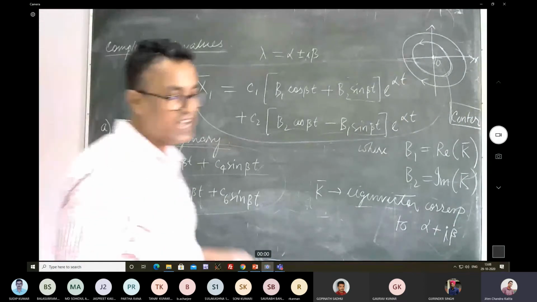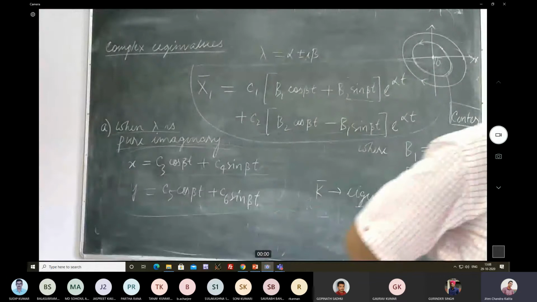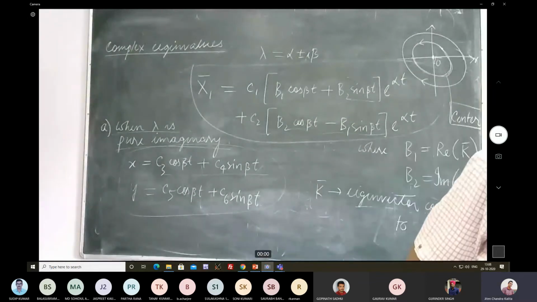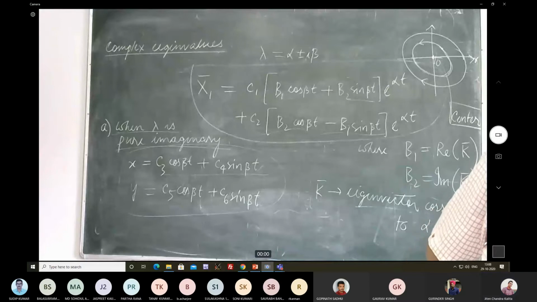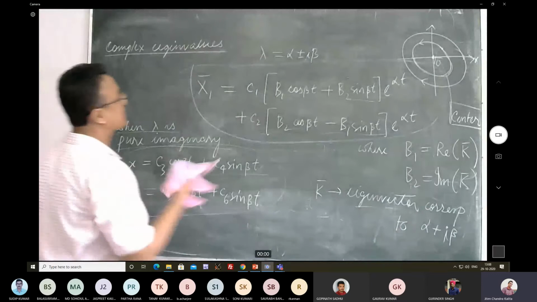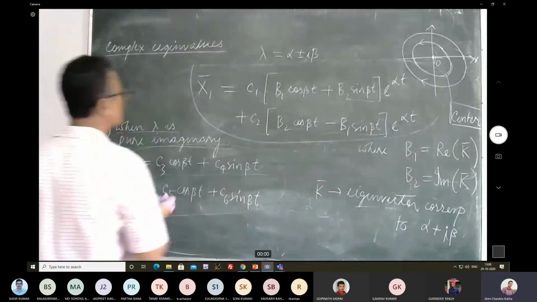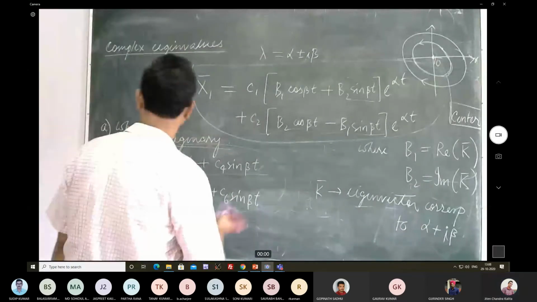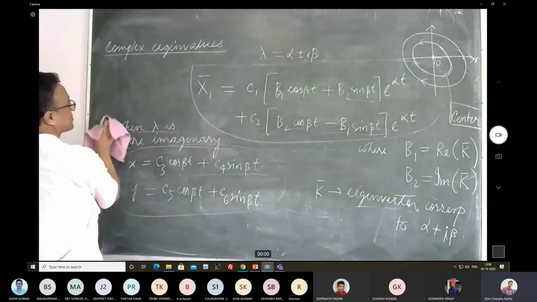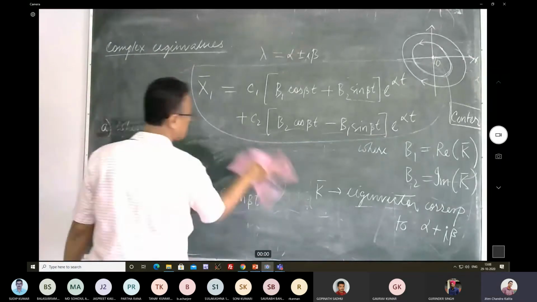Now the next part. In Jiten and Cullen, they are not very clear about that, but I try to rope in something here. Okay, fine. So case A is done.